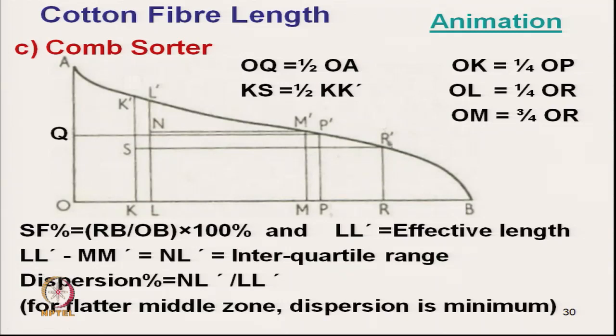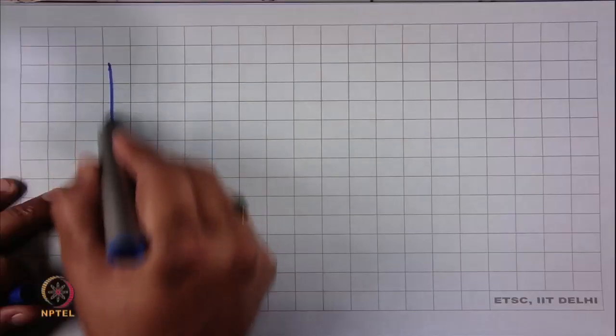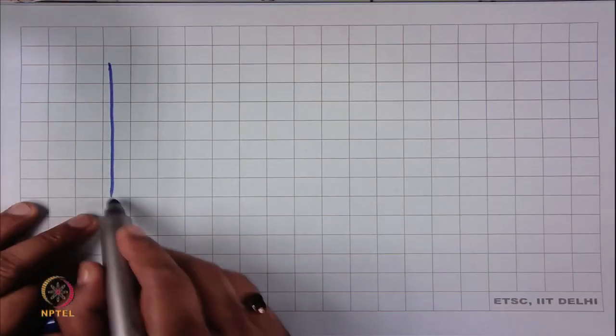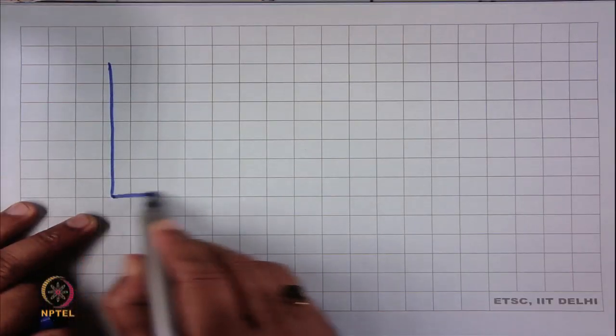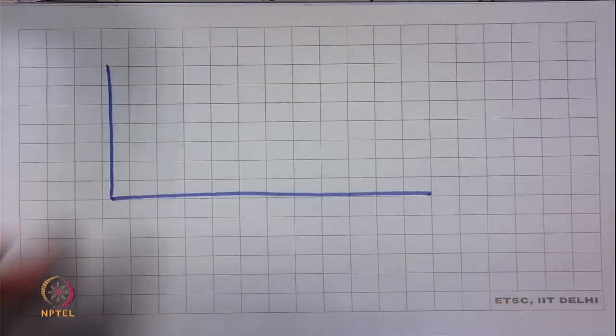This Kamm-Schroeder diagram is typically used for cotton again. Here the fibers are arranged in terms of length. Now, let us see how the Kamm-Schroeder diagram is formed. This is the length. Here is the proportion.